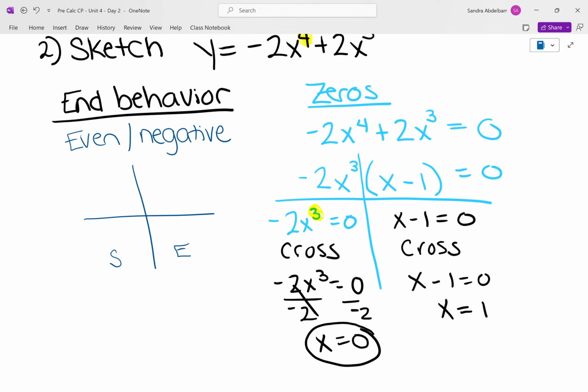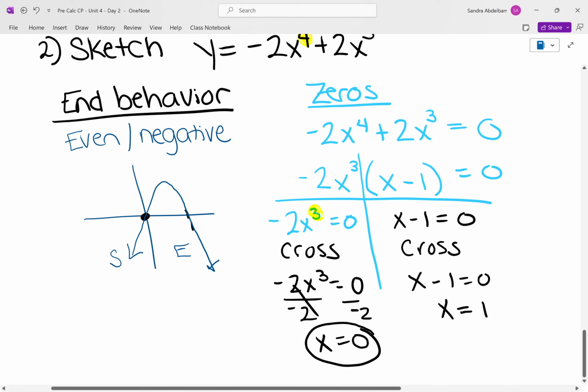Okay. 0, 1. So we're starting at the bottom. We're going to go through, turn, and then cross through again. So it looks something like this.